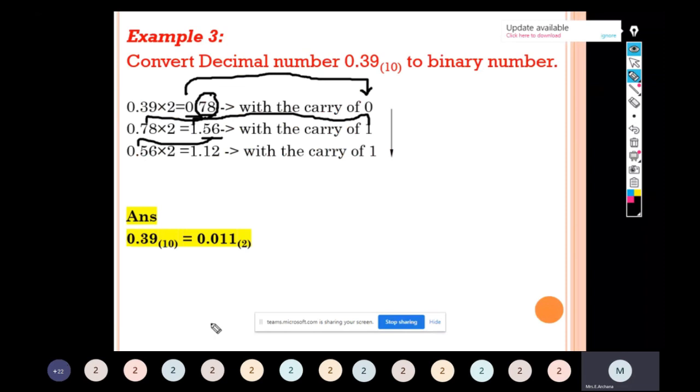We can proceed like this. The answer is written from top to bottom, so 0.011 is the answer for this question. Like this, they can ask integer and fractional parts together in a single problem. You follow the integer part by successive division and the fractional part by successive multiplication, and then combine the answers and write.